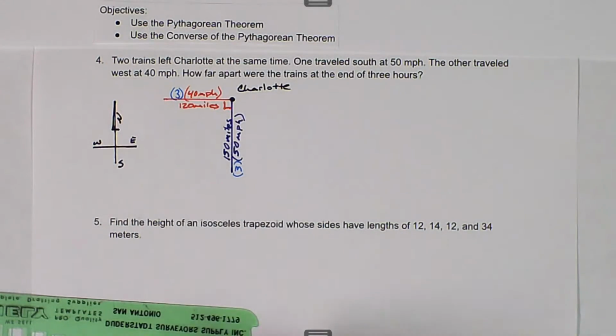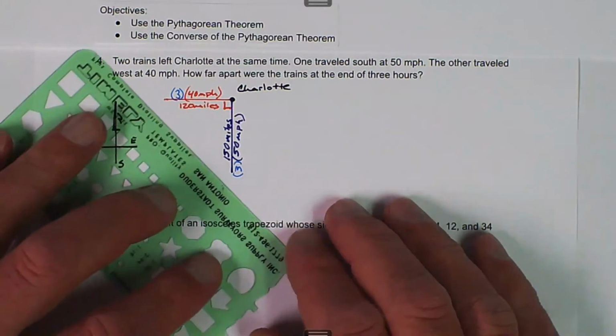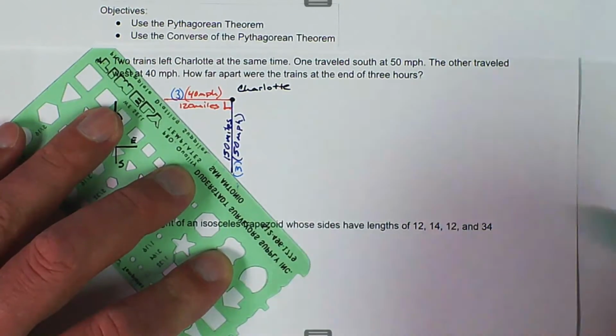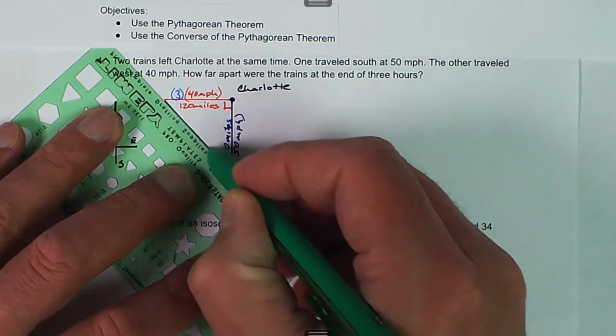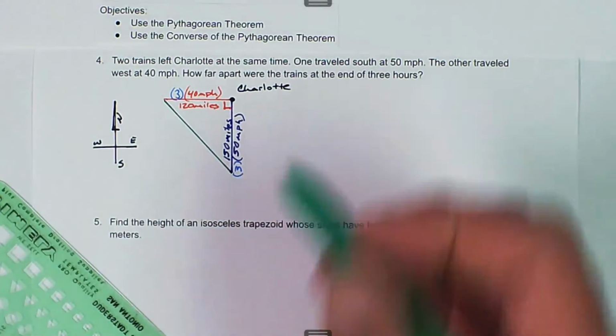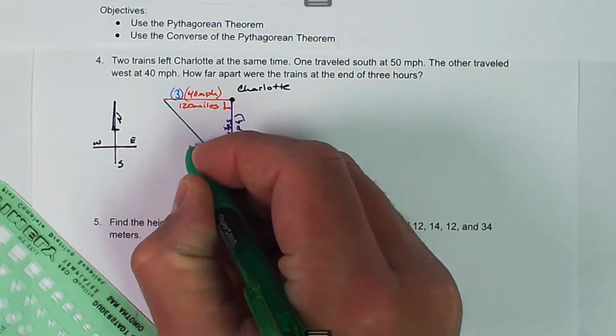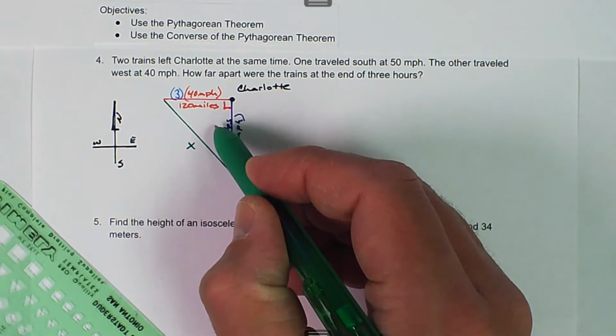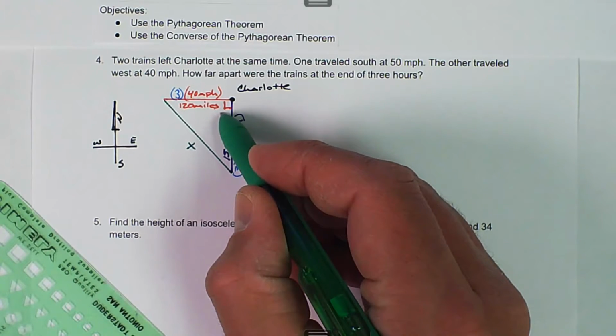So how far apart the trains are has to do with the straight line distance between them. And that will be that distance right there, which we will represent with x because we're not sure what that one is. So we have a right triangle.